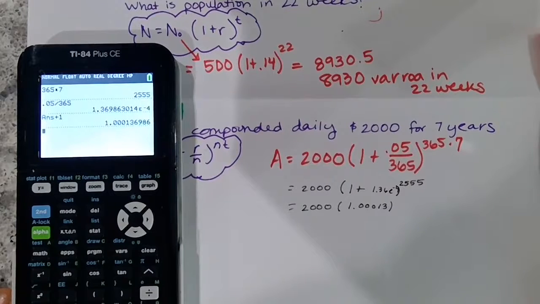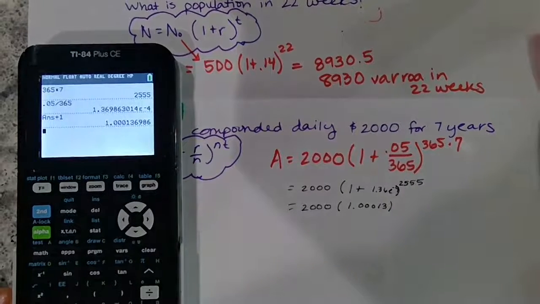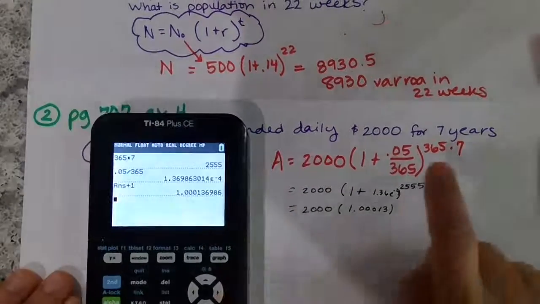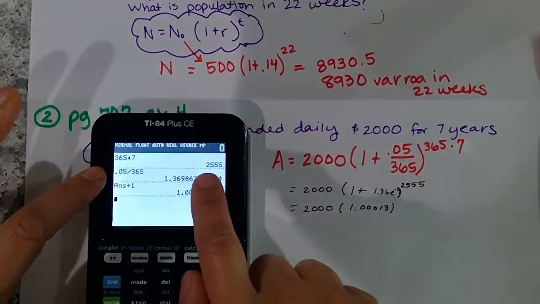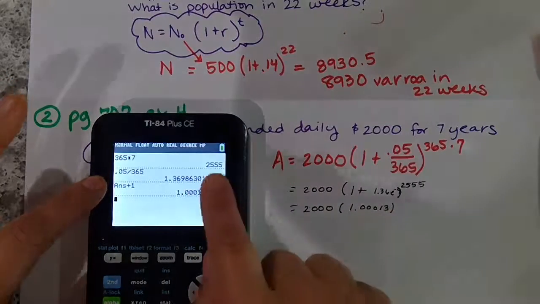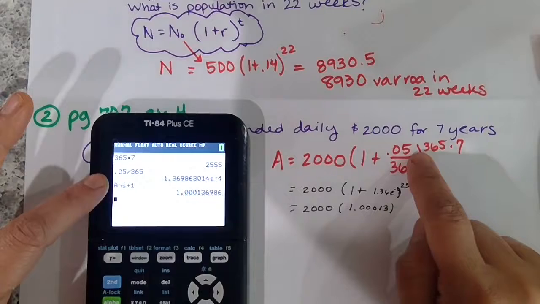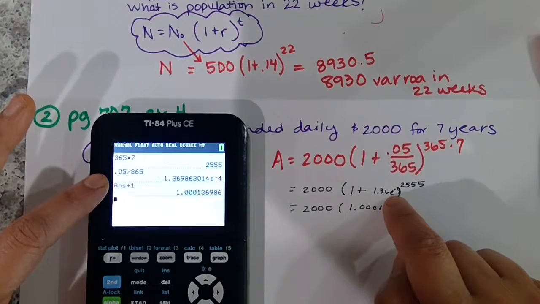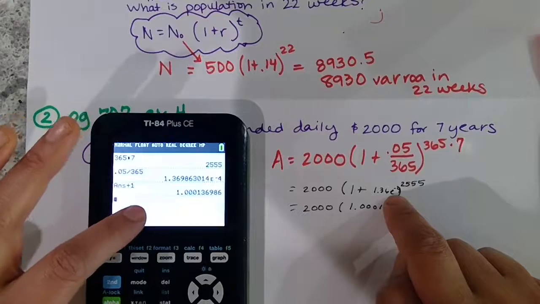Now this might sound simple to plug it in, but these numbers can be a little bit weird. So if you plug it in pieces, you get 365 times 7 is 2,555. This divided by 365 gives you 1.3 times e to the negative 4.